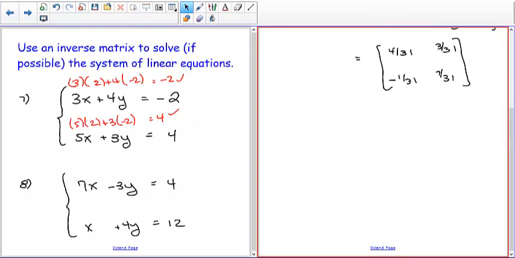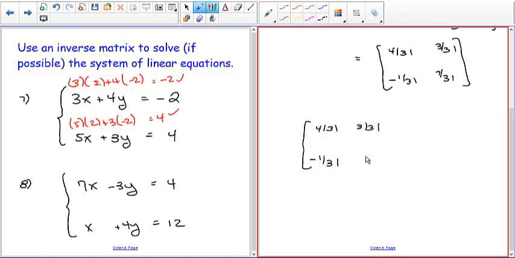Then what you can do is say that the solution is the inverse matrix times the B matrix. Okay, so again, it's going to be a 2 by 1, 2 rows by 1 column. I'm making it big here so I can show the multiplication.